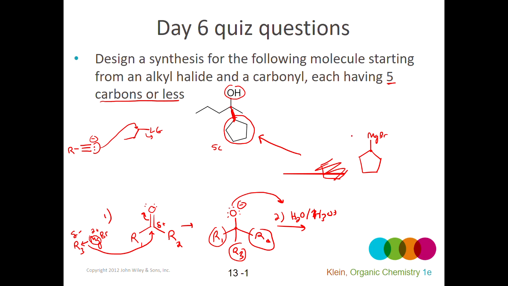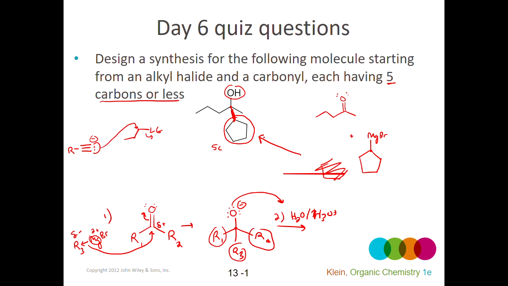So the other molecule that I would want to add to that would have a C=O double bond at that site. So I'm basically recognizing there's a carbon-carbon bond here, thinking about that bond could be made if I start with one of those molecules as a nucleophile and the other piece as an electrophile.